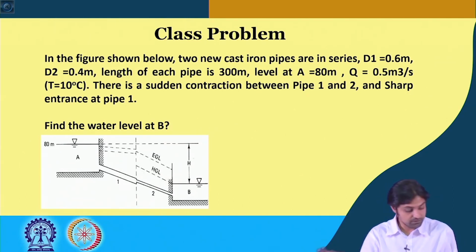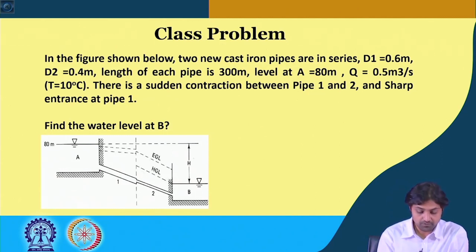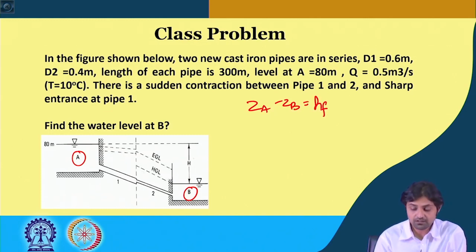Okay. So see, whatever be the difference between the levels at A and B, this ZA minus ZB should be equal to the HF, that is the head loss between point A and point B. All right. Now this HF should be the sum of the losses. Can you think where these losses will occur?